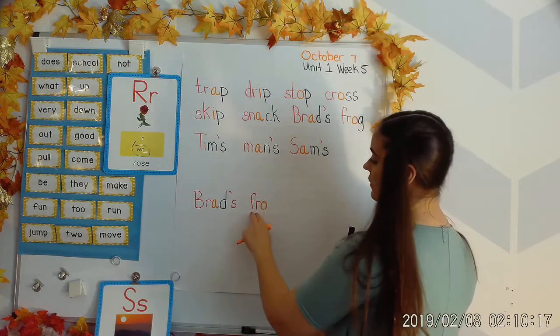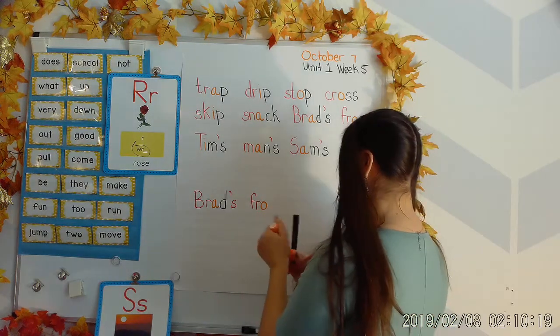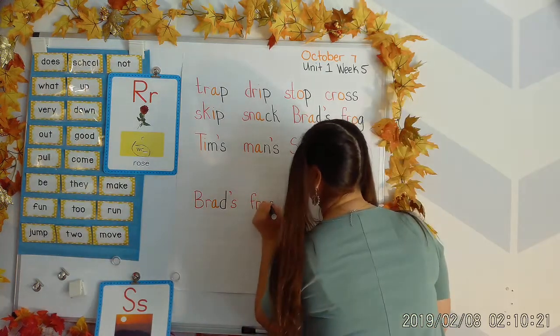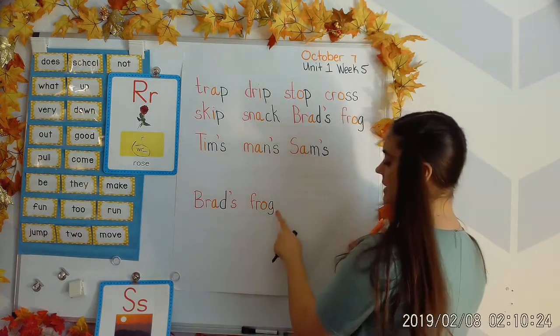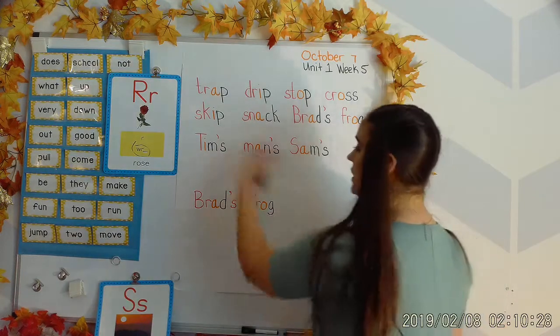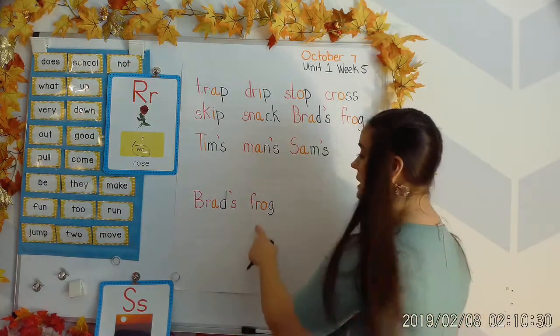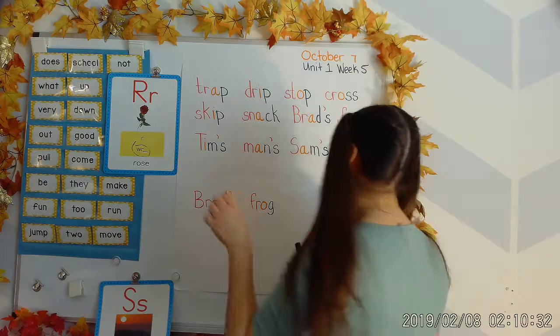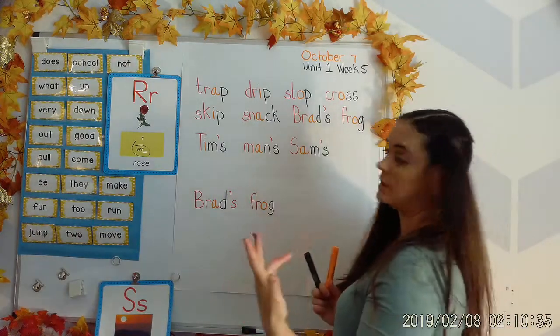O says o, fr. And G says g, frog. So what belongs to Brad? His frog does. I'm pretty sure I saw some lips moving there. I appreciate it if you're participating.